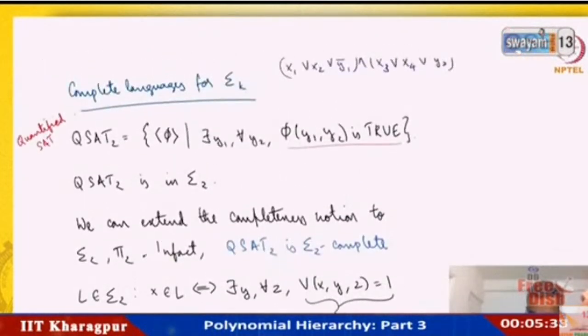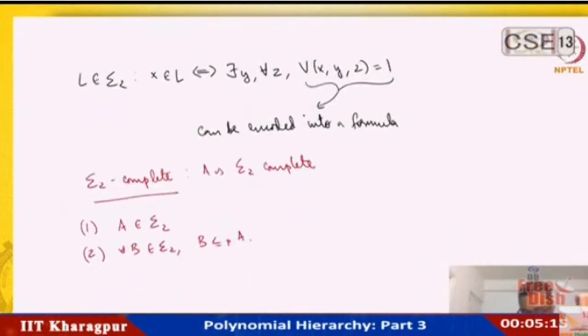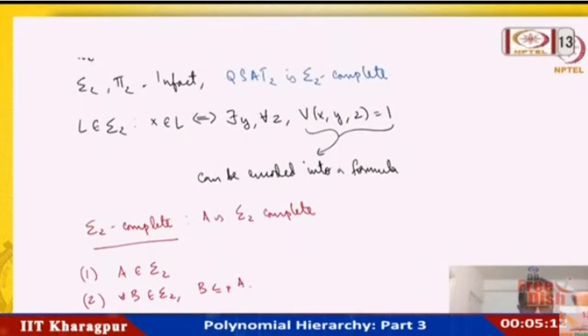So QSAT2 is certainly in sigma 2 because it is of the correct form, and verifying that a formula at a given assignment is true is something that is achievable in polynomial time. And it is also sigma 2 hard, so to speak, meaning condition 2, anything in sigma 2 can be reduced to that, because consider any language L in sigma 2, okay?